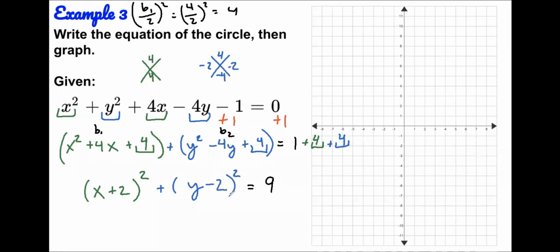So again, we're completing the square so that we can go ahead and identify now those beautiful parts. So what's my center and what's my radius in this case?